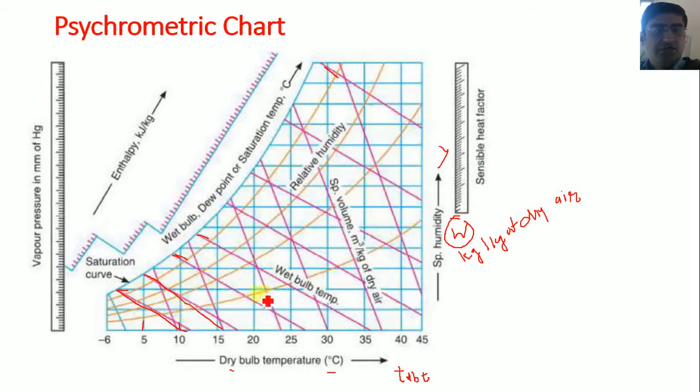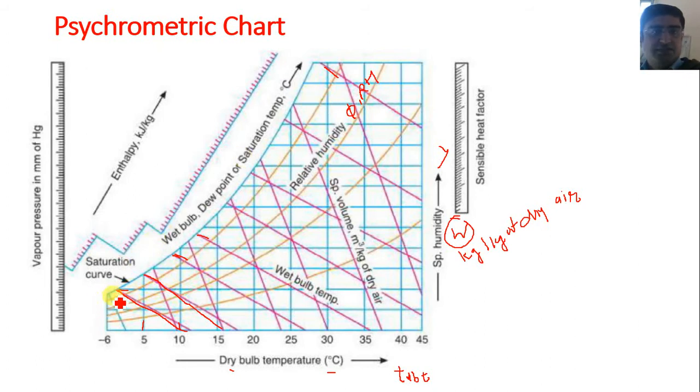And all these curved lines show the value of relative humidity, which is given by the symbol phi, or you can write it as RH. So all these curved lines are the lines of relative humidity.